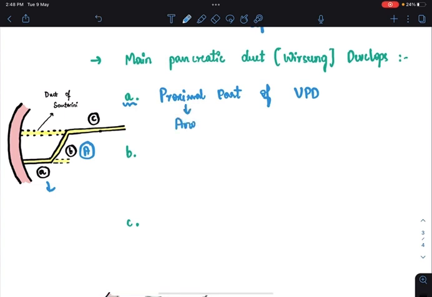Anastomosis. So we can say the part A is the ventral pancreatic duct, the part of the ventral pancreatic duct proximal to the anastomosis.